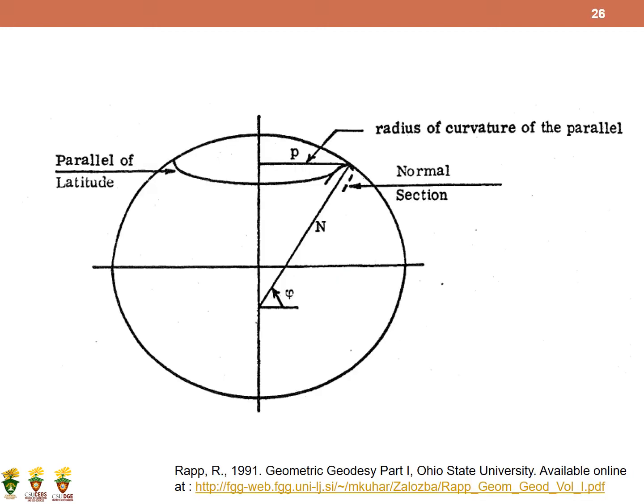For a simpler illustration, if we make it two-dimensional, this is the normal, or the prime vertical section we got earlier.